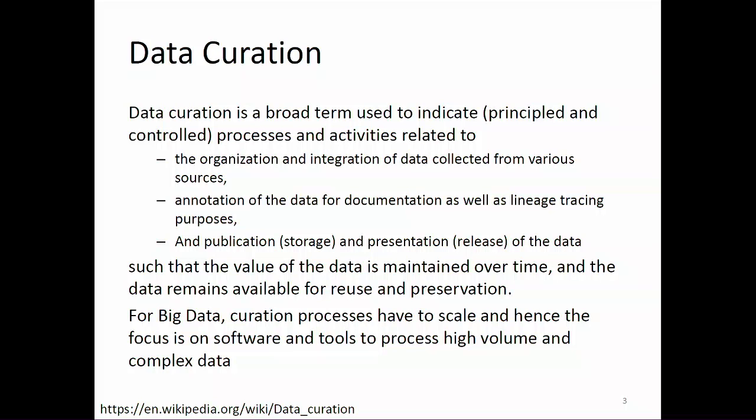Data curation is actually a process which includes a lot of things. You can think of it as a process that stays with the data throughout its life cycle. From the point where you actually got the data, and then we clean the data, we get rid of the data quality problems, and then we create more information about the data, and then we maintain that data.